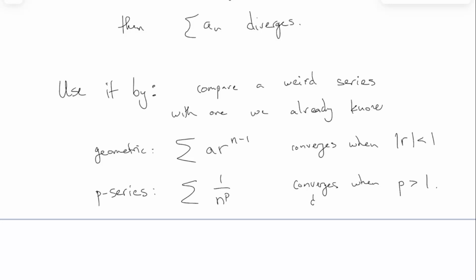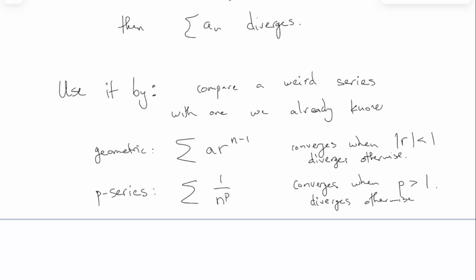I should say for both of these, diverges otherwise. All right. The geometric series and the p series. Basically, you should have those two types of series memorized together with the specific condition about when they converge and when they don't. That p series we just talked about at the very end last time.